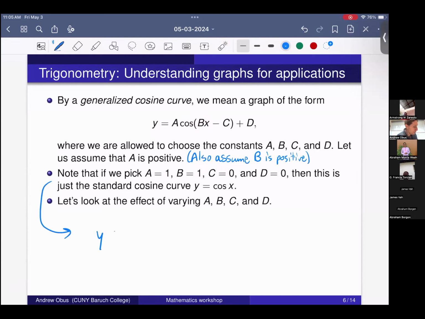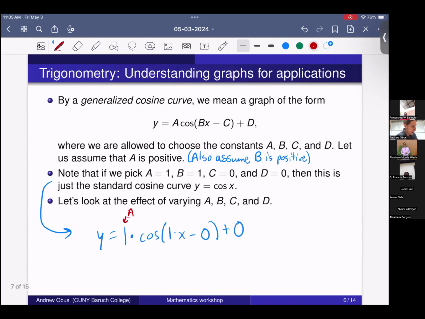In this case we would have y equals 1 times cosine of 1x minus 0, plus 0, and this simplifies to just cosine of x. So the cosine curve is a special case of this more general curve, where you're allowed to throw in all of these constants.